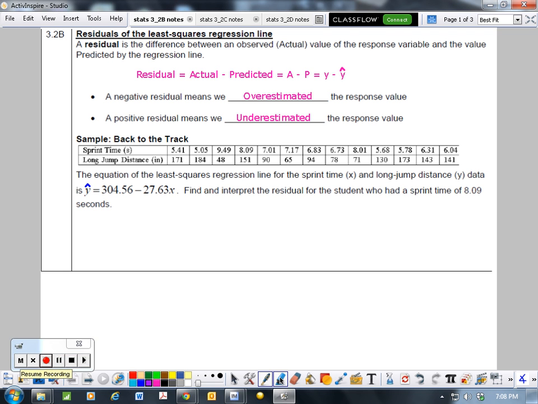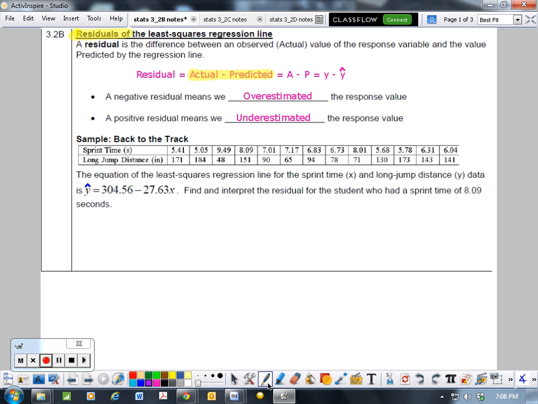Okay, and we're back and we're going to talk some more about those residuals. That's the difference between the actual dot on the graph and that same point down below on the line, so our predicted value. So again, our residual is actual minus predicted.